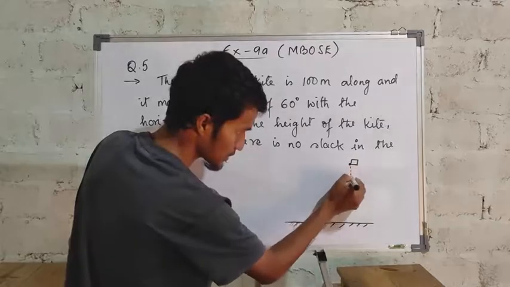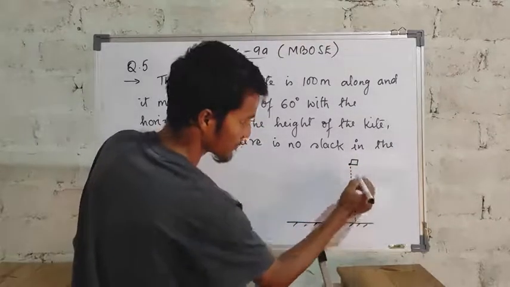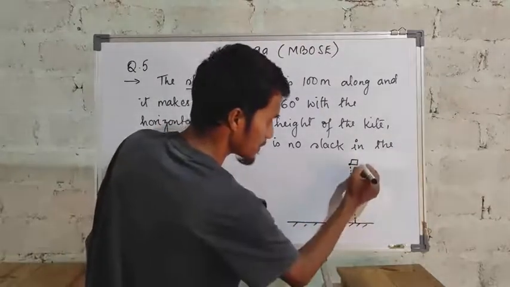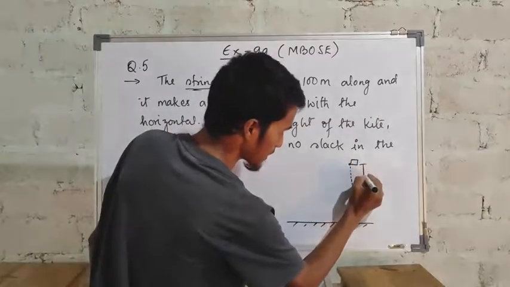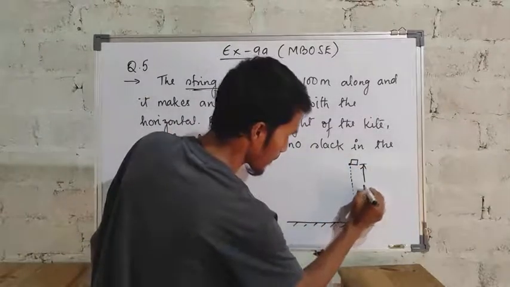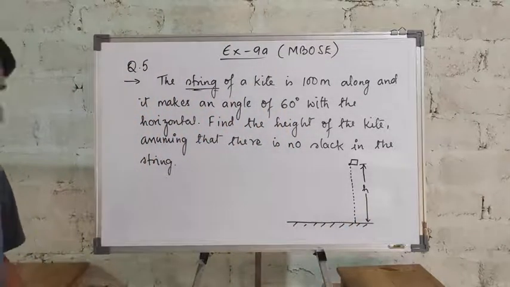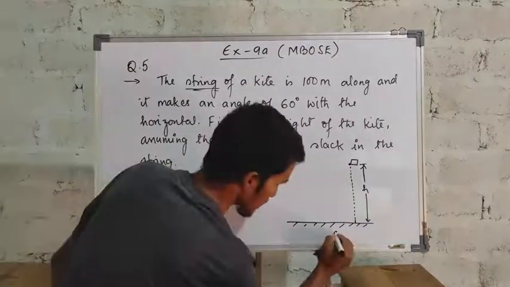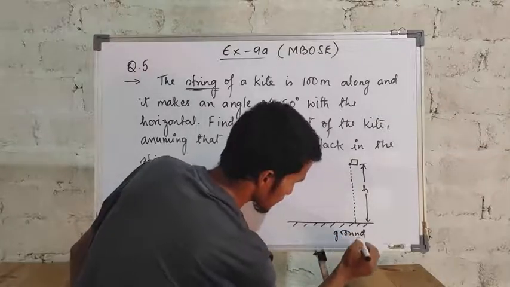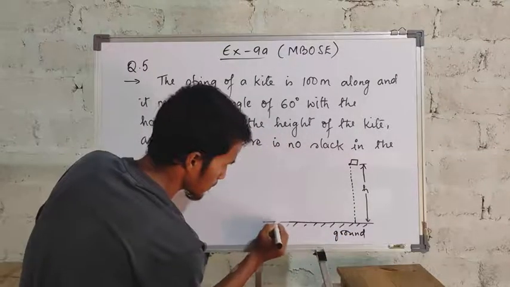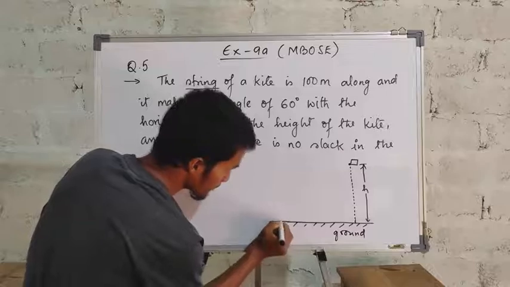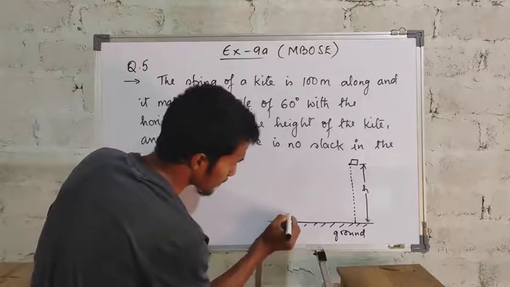The height of this kite is considered as h. The height of this kite is h from the ground. Consider the kite is flying from this point. This is a thread holding this kite.